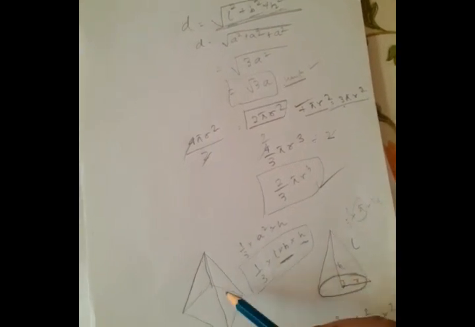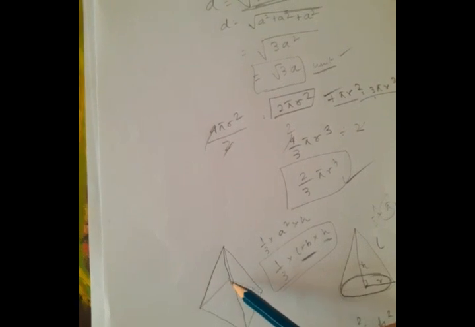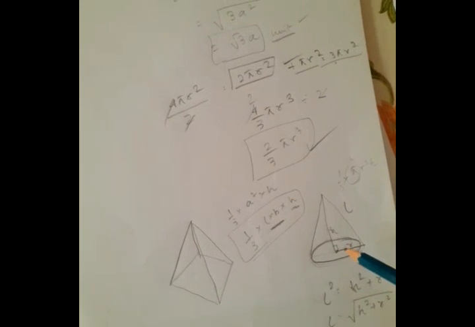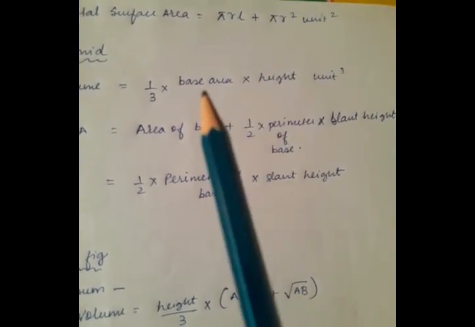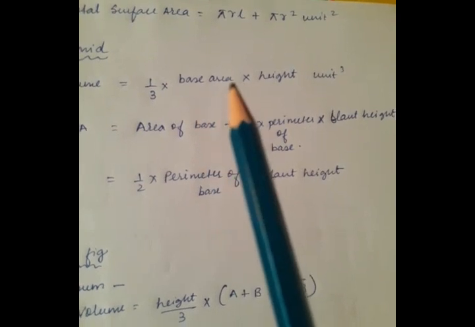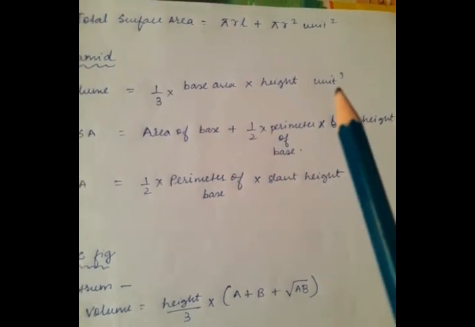It means the area of the base into height gives the volume of pyramid as well as cone, because the origination is more or less the same. It is the combination of triangle and square, or triangle and rectangle, and of triangle and circle. So the volume of a pyramid is 1/3 into base area, whether square or rectangle, that depends on the question, into height, in unit cube.